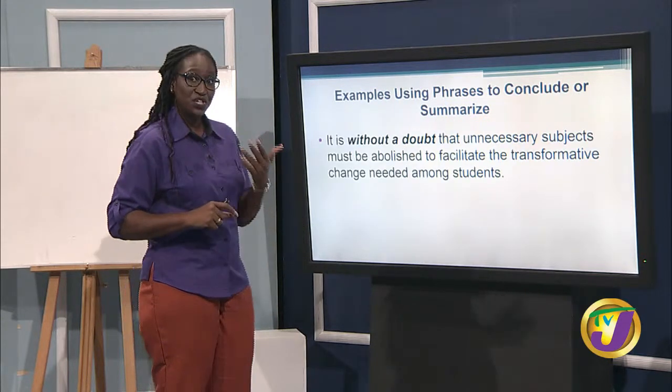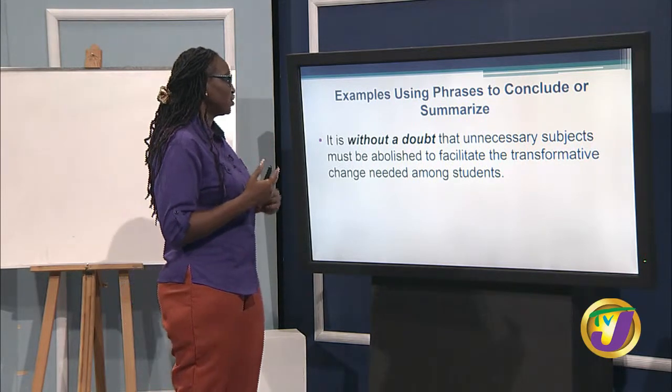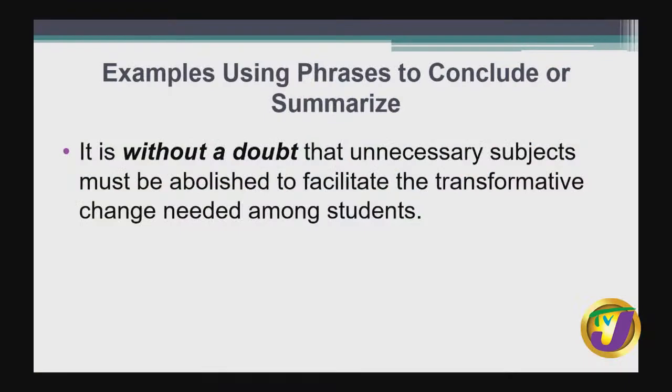It is without a doubt that unnecessary subjects must be abolished to facilitate the transformative change needed among students. Now look at that. You have used "without a doubt." What is that similar in meaning to? It carries the same meaning, the same idea as "obviously," doesn't it?